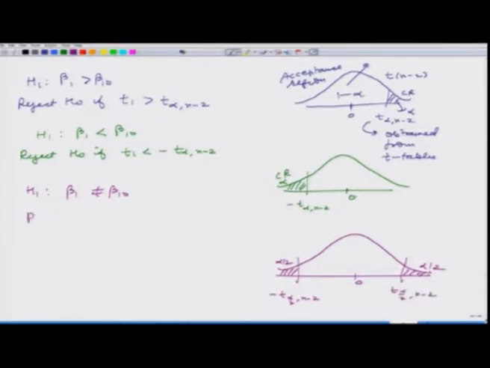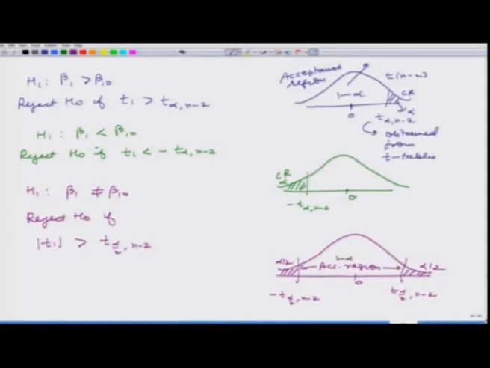So, I can say here that reject H naught if absolute value of T1 is greater than t alpha by 2, n minus 2, right. So, this will again be our acceptance region of size 1 minus alpha.